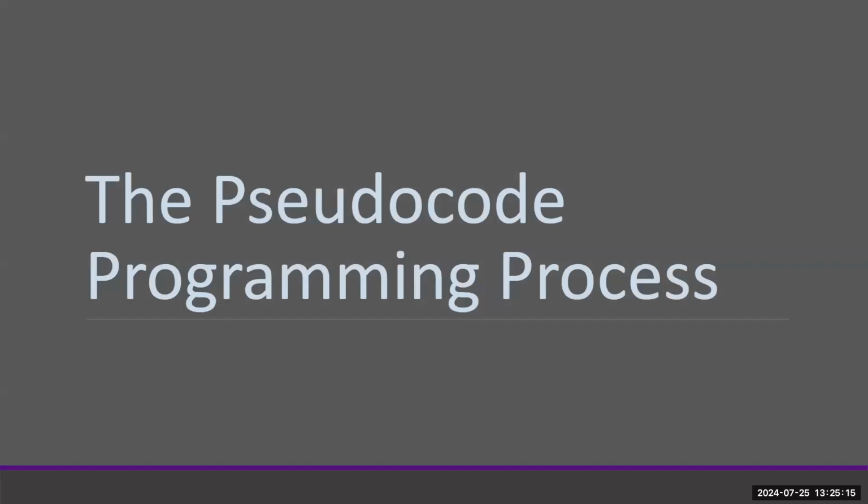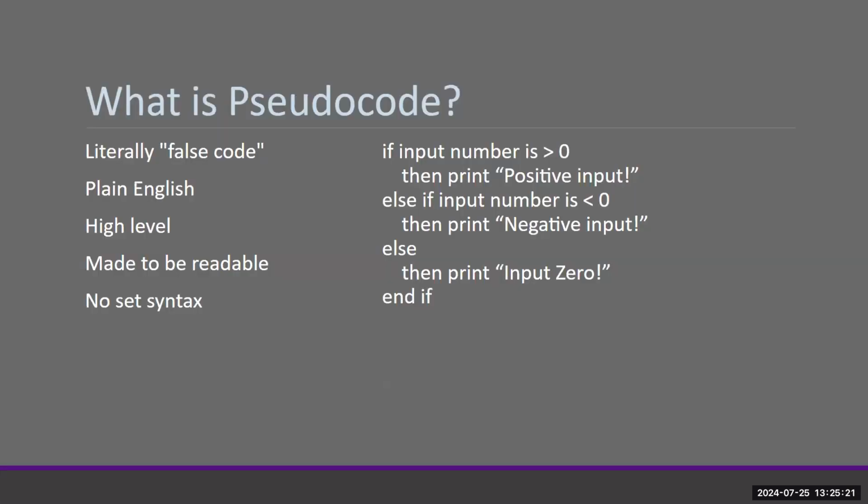All right. So this is another situation where pseudocode can help. Now, what is pseudocode? Pseudo meaning false and code meaning code. So it's literally false code. It's basically plain English, meant to be a high-level overview of what's happening.